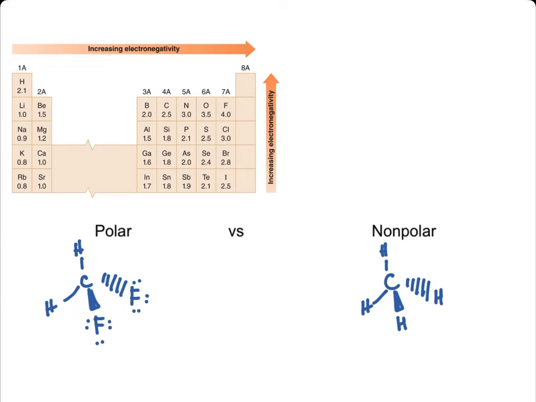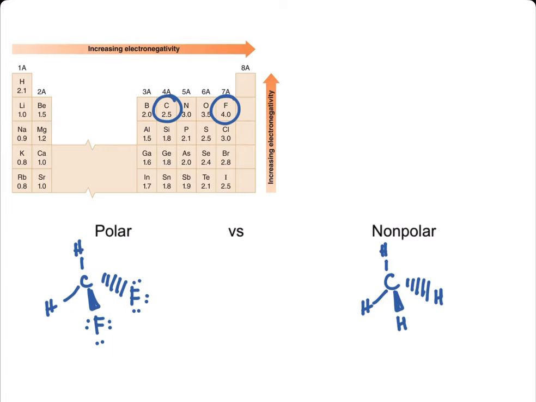All right, we have the correct geometry. Now let's examine the electronegativity. We said that carbon and hydrogen do not get assigned any symbols because that's considered a nonpolar bond, but carbon and fluorine have different values.